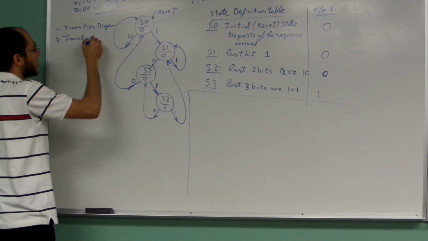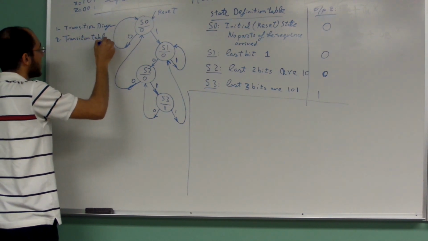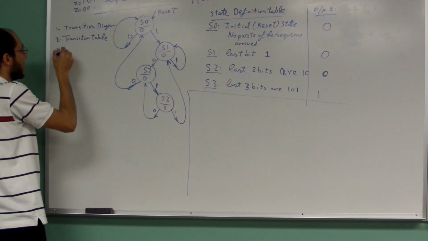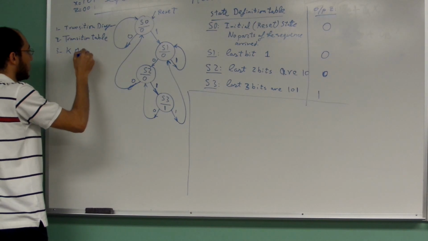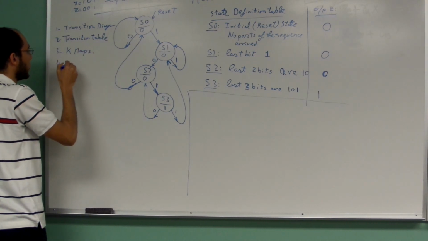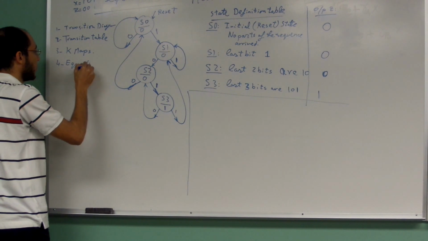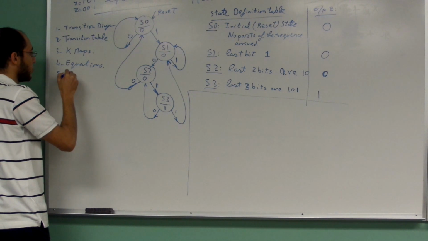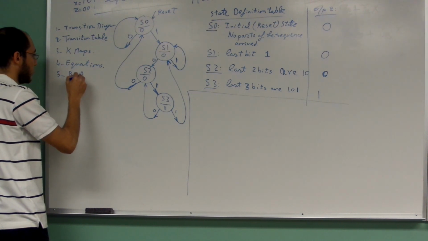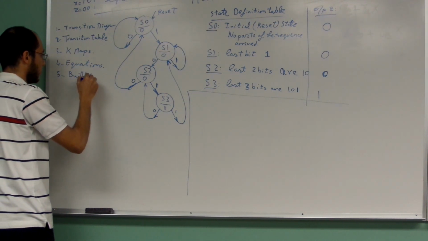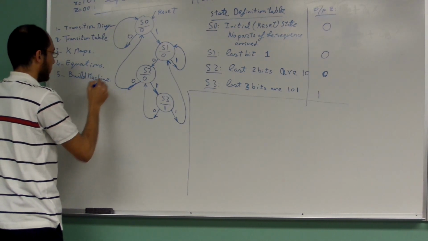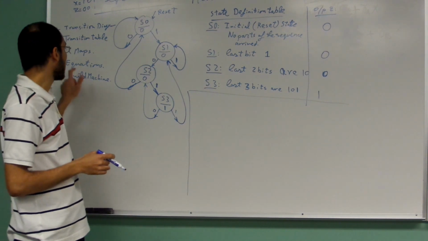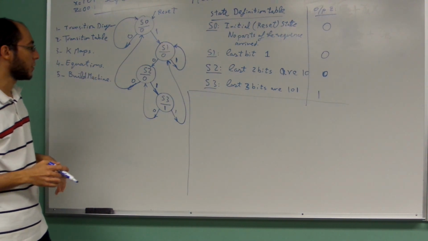And then state transition table is the second step. So that's the state transition diagram, and then the state transition table, then the K-maps. Okay, and fourth, you need to write down the equations from the K-maps. And then the fifth step is to build the machine. Okay? The first step is to draw the circuit using these equations. Once you have equations, you can build the circuit.